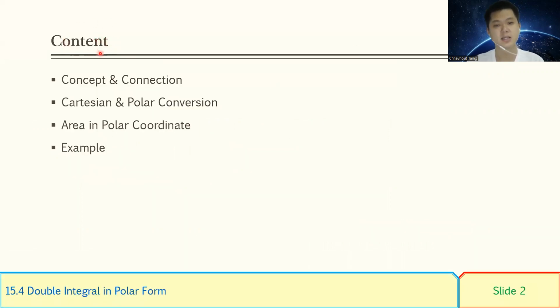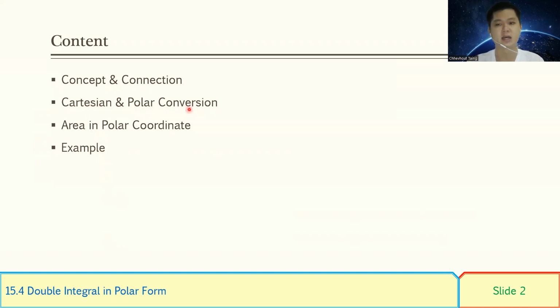So the content for this video, I'm going to talk about three ideas and then I'll give one example. The first idea is concept and connection. Here I basically talk about double integral and what it is used for, and then make a connection to double integral in polar form. And then I'll talk about Cartesian and polar conversion.